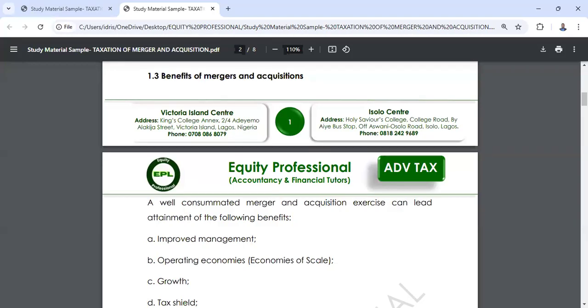Merger and acquisition will bring improvement in management operation or management service. That means they are going to have effective management service. There will be new skills, new brain, new ideas coming in.